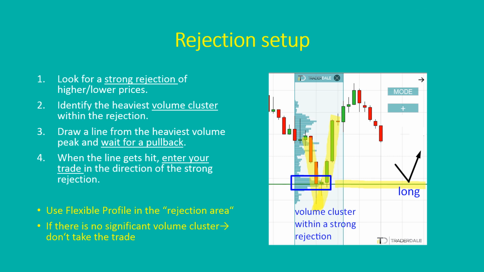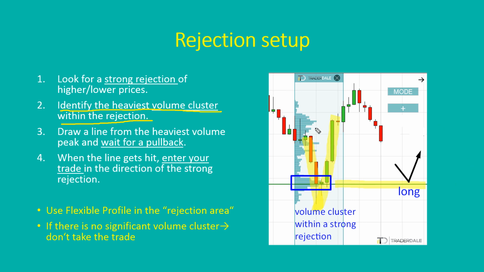So let's now have a look at specific steps in this trading setup. The first step is you look for a strong rejection of higher or lower prices. So in this picture, in this case, there is strong rejection of lower prices. This is what you look for. Afterwards, as I already said, you identify the heaviest volume cluster within the rejection.